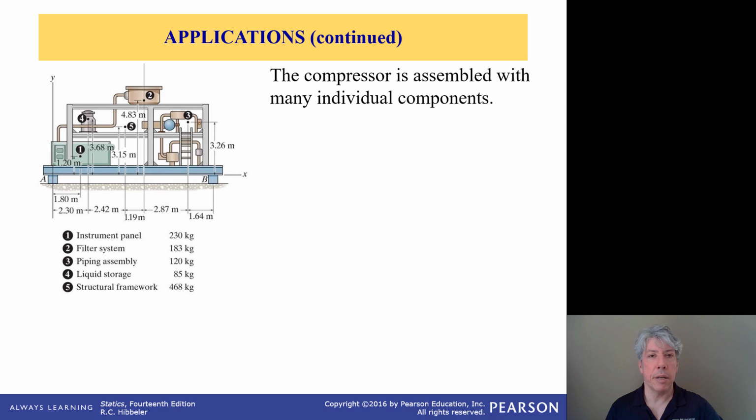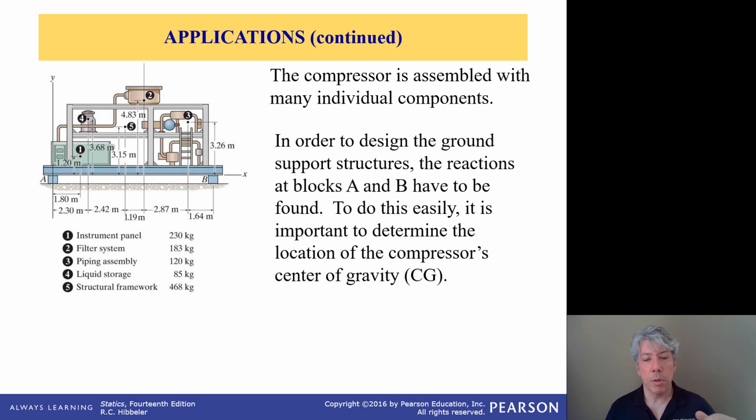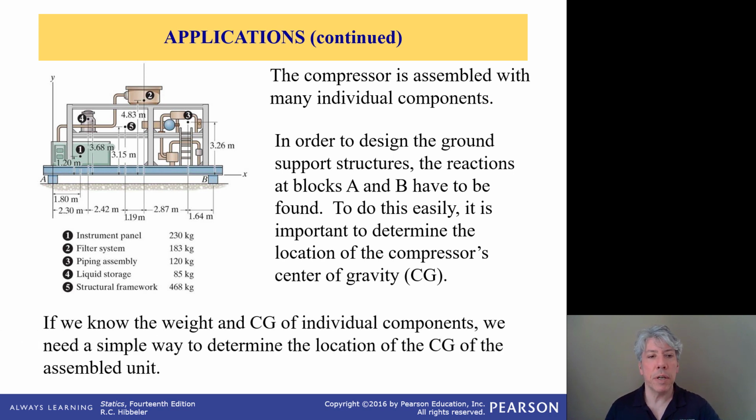Well, understanding how to use the method of composite bodies is really important so that we can locate the center of gravity and therefore how much weight would be on the feet. So if we know the center of gravity of each of the individual components and how much weight each has, then we can actually calculate the location of the assembled unit center of gravity.